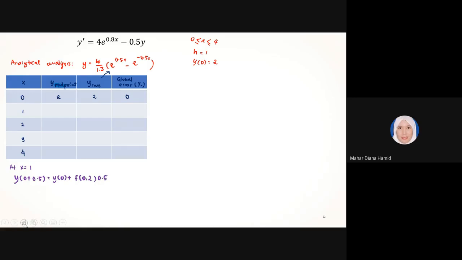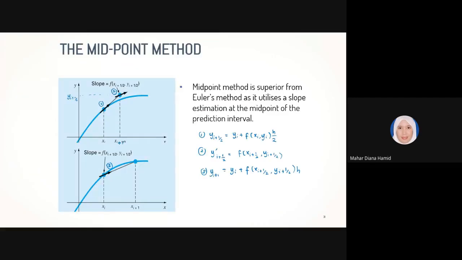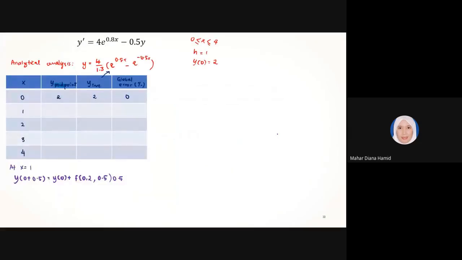The step size is 0.5, so if you refer back to the h here, it would be divided by 2. Since we have h equals 1 divided by 2, it will equal 0.5.